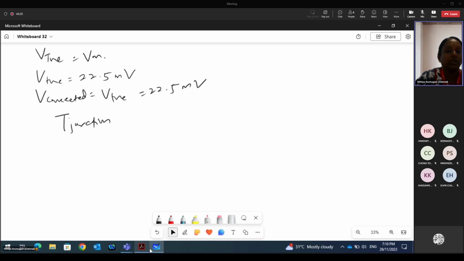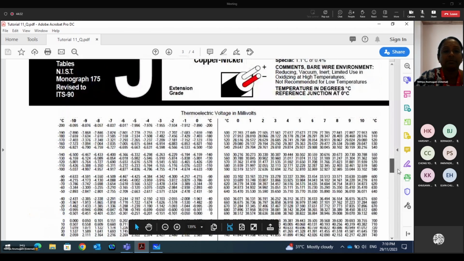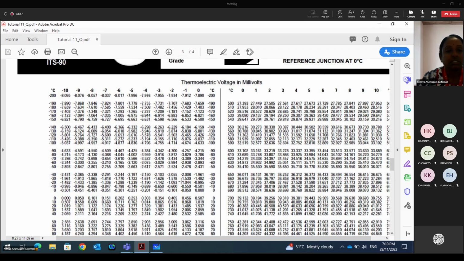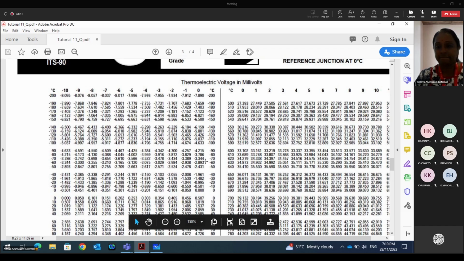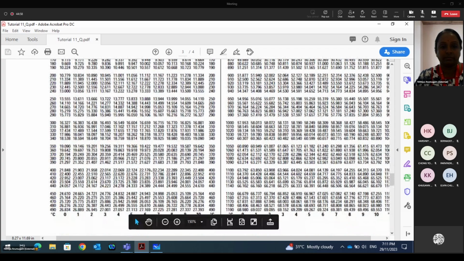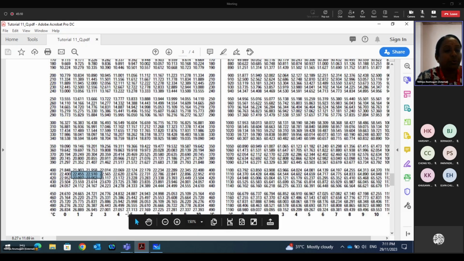This is a J type thermocouple. Go to the J type thermocouple table. 22.5 falls between 22.455 and 22.510.